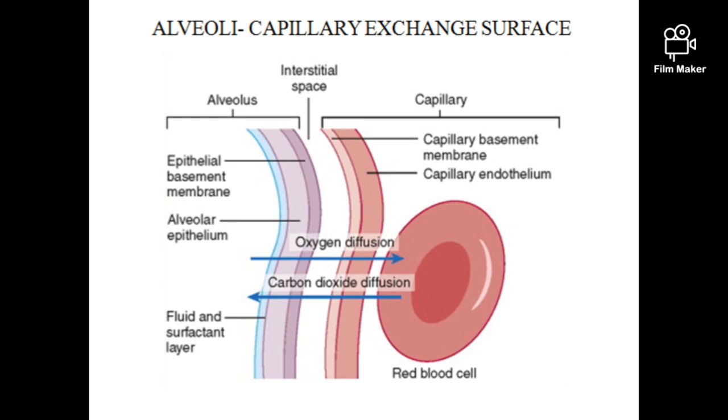The component of blood that is responsible for carrying these gases are the red blood corpuscles, which are called RBCs. The RBCs enter the capillary bringing oxygen depleted blood, and when they leave the alveoli surrounding capillary, they leave as oxygen rich blood.